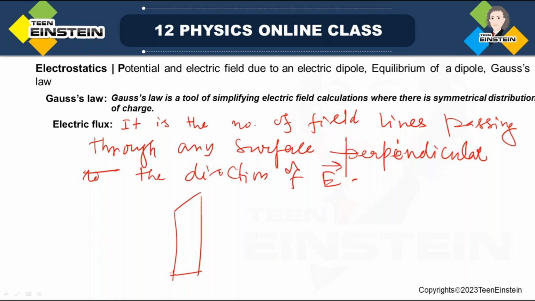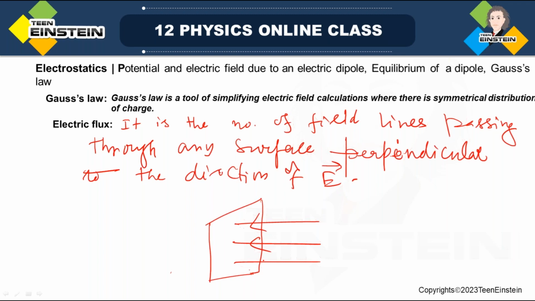So suppose this is a perpendicular plane, or let me redraw it once again. This is a kind of vertical plane, and suppose I have electric field lines passing through, this is 3.